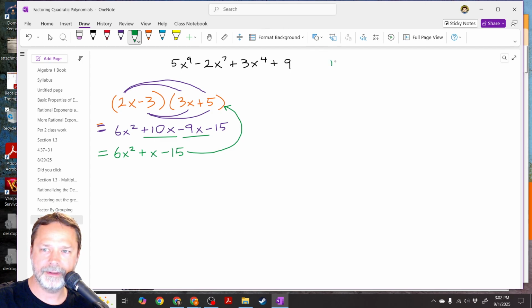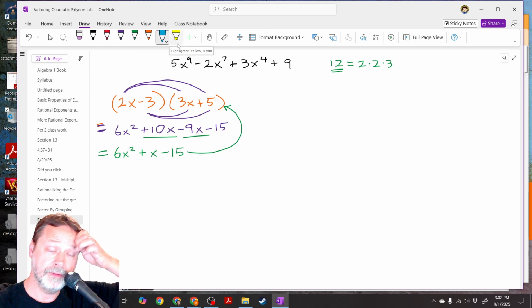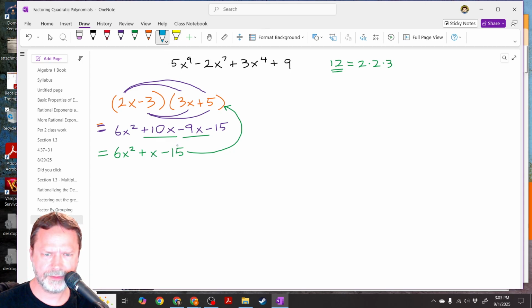Just like you would take 12 and rewrite it as 2 times 2 times 3. I know how to do that. I know how to do it with numbers. Can I do it with these expressions, these quadratic expressions? Can I do that? We definitely can. So for some of you guys, it might be review. Hopefully it's review. But if it isn't, let's see if we can find some patterns here.